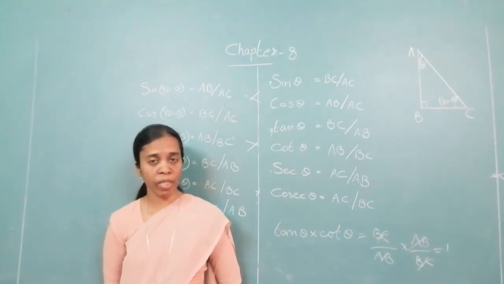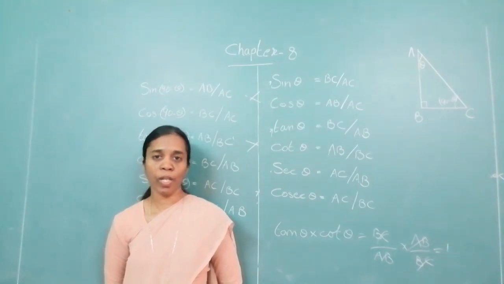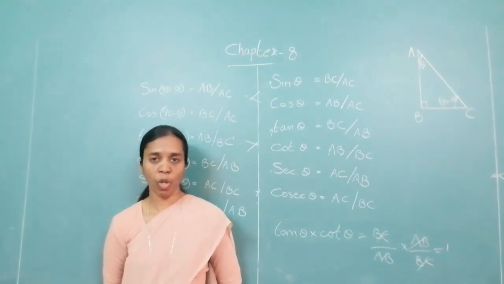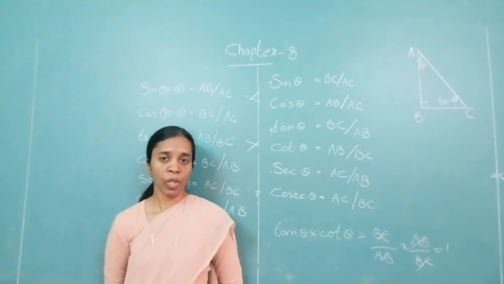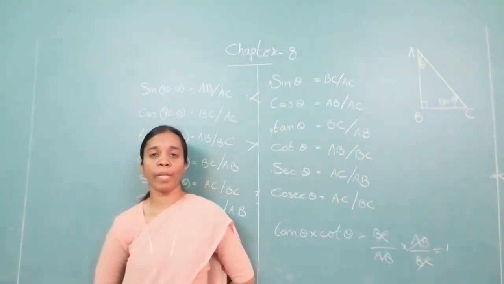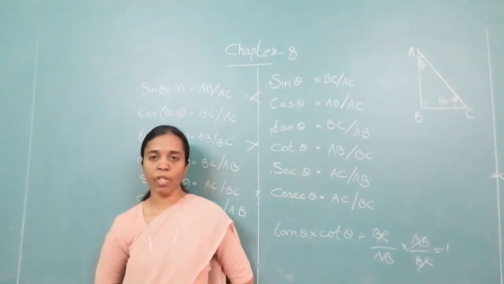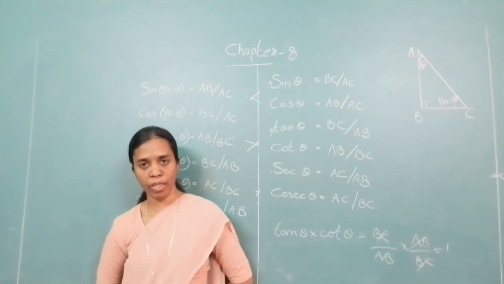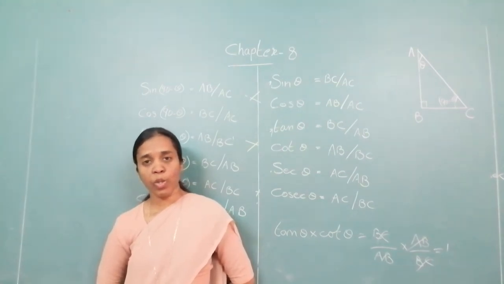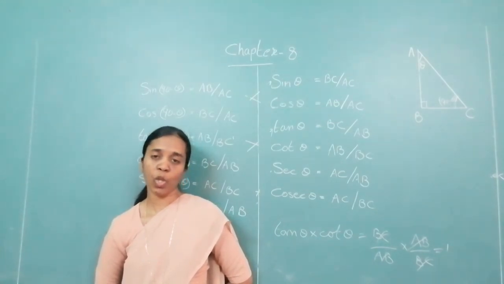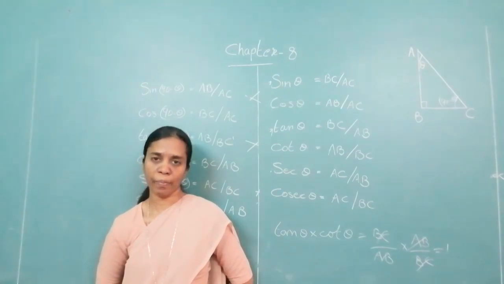Then inverses: sin is 1 upon cosec, cosec 1 upon sin, cos 1 upon sec, sec 1 upon cos, tan 1 upon cot, cot 1 upon tan.